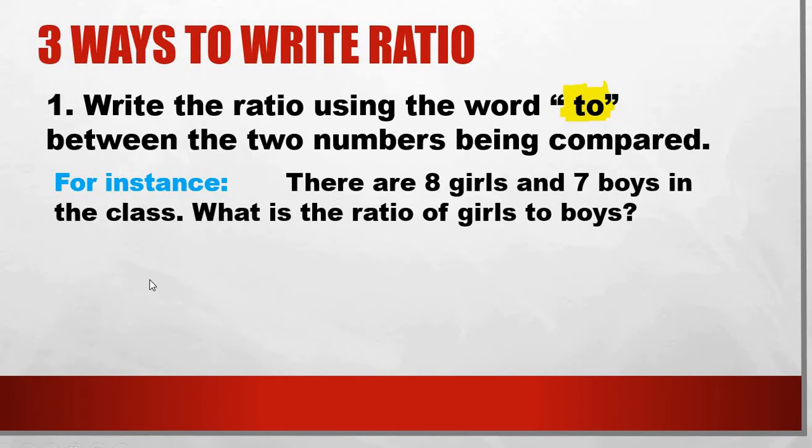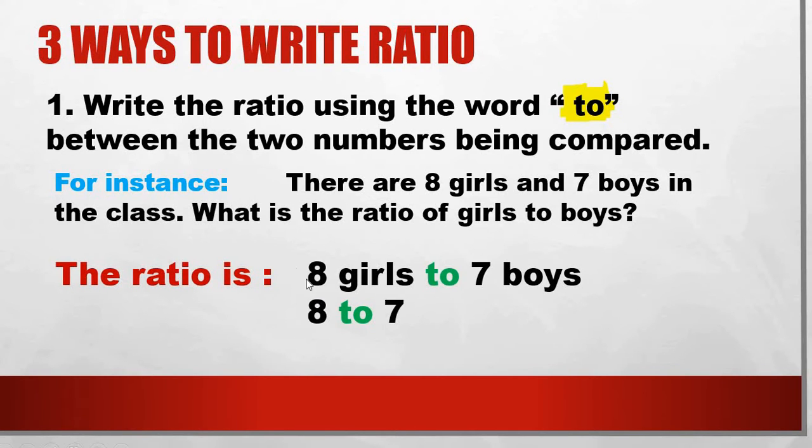So for instance, there are 8 girls and 7 boys in the class. We are looking at the ratio of the girls to the boys. Here is what I have. The ratio is 8 girls to 7 boys.